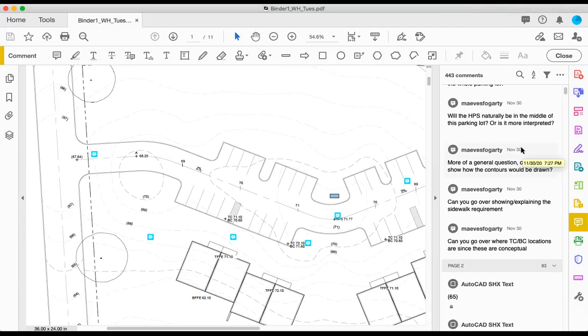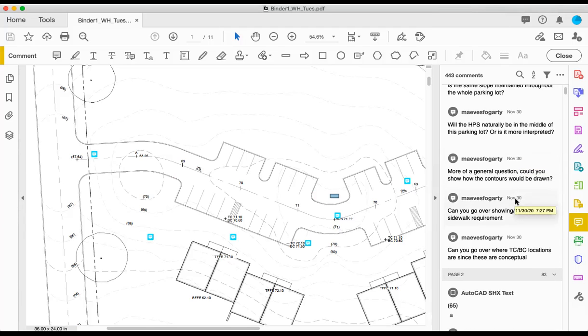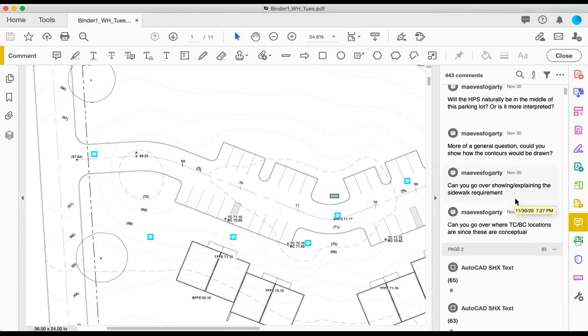So there's another one, more of a general question. Could you show how the contours will be drawn? I think Stuart just went through some of them, right? In order to form a crown, your parking lot contours would look something like that. That's definitely not the only way to do it.